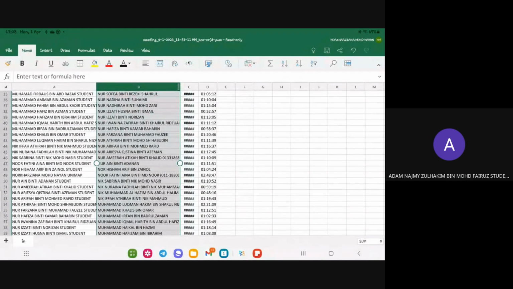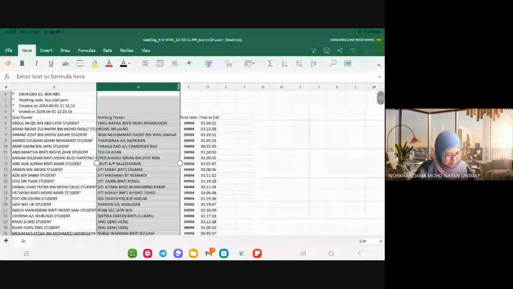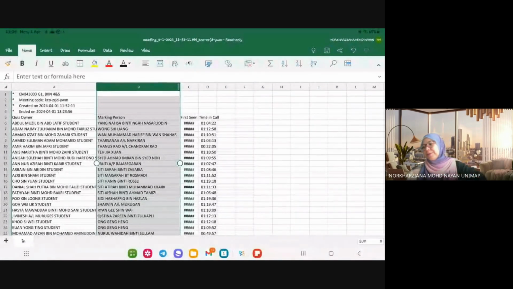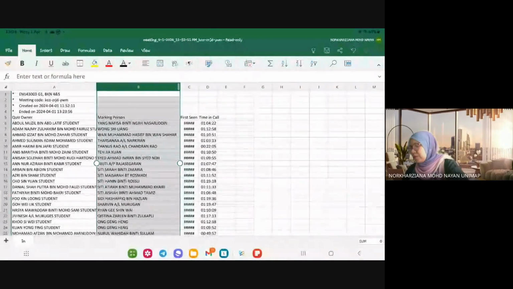Saya tak hantar. Oh, tak hantar. No wonder. Okay, so boleh abaikan Adam Najmi. Selamat tak payah marking. But you can take note on the answer. Quiz owner Wong Shi Liang. Okay, tak apa, you just note down for your own notes in case orang yang mark tu tersalah mark ke apa. Okay. Look on the quiz questions.